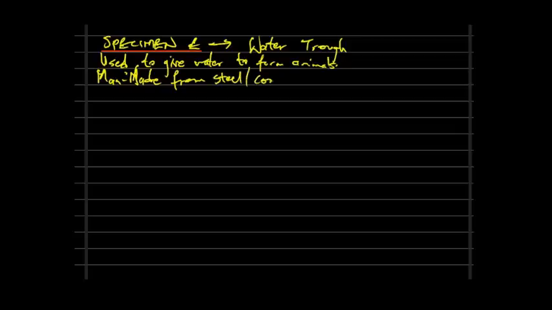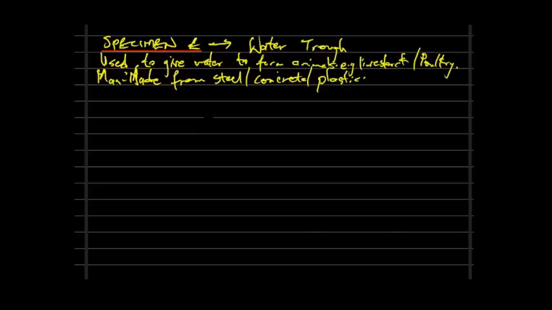We have some of them made from concrete. We have some of them made from plastics. So these are the materials that are used in making this particular thing that we're talking about. They are used for feeding animals. It could be livestock or poultry, so whichever one that you are using is what they are used for.